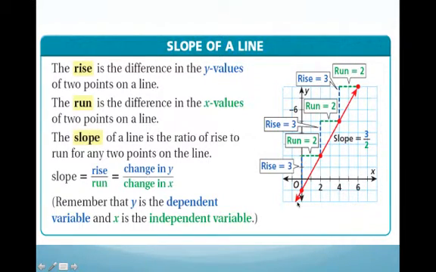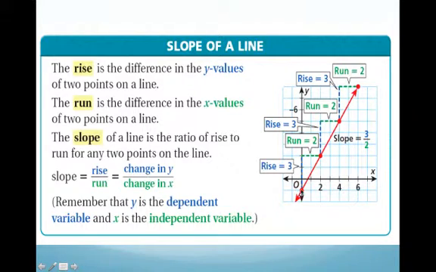The slope of the line is the ratio of the rise to the run for any 2 points on a line. So again, the blue is the rise and the green is the run, or the change in y is the rise and the change in x is the run.